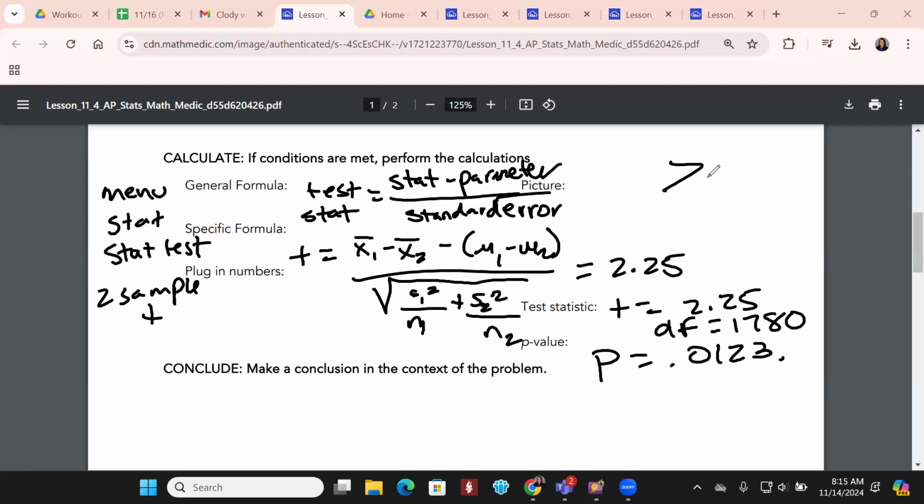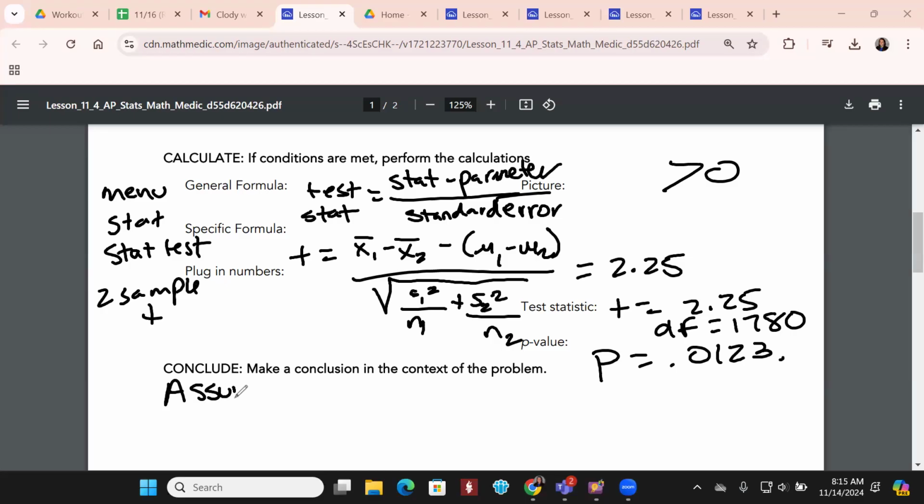And we're greater than. Oh, that's true. There you go. Okay. I was like, that's not right. But yeah, because if you put does not equal 0, then you could take that answer and divide by 2. And that gets you 0.0123. That right? Everybody? Okay.